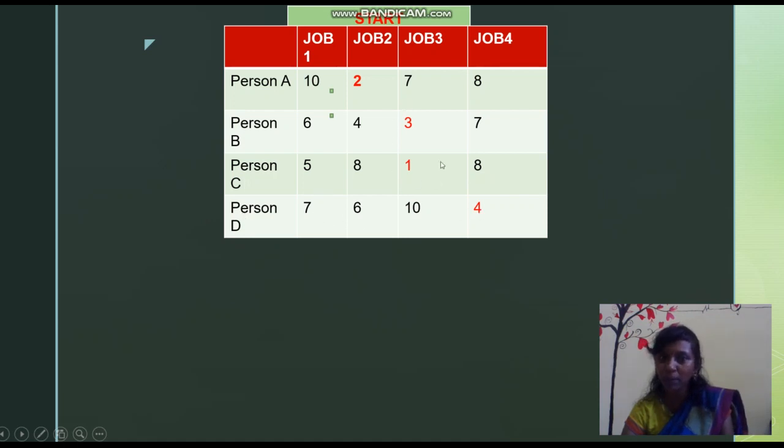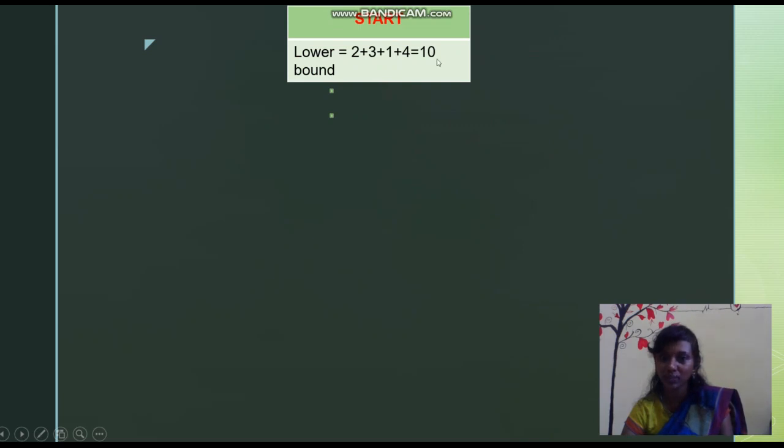These two come in the same column, so you need not worry. At the end of the problem, we will be allocating in a proper manner. Initially, while starting, if it is in the same column, we don't consider it. So 2 plus 3 plus 1 plus 4 is 10.